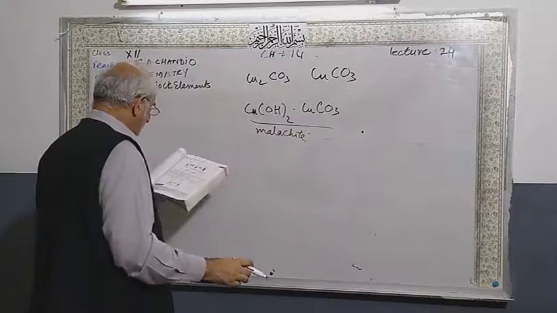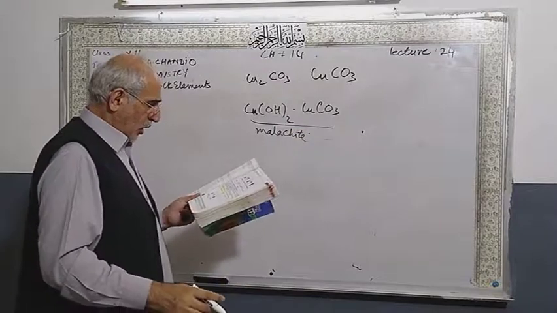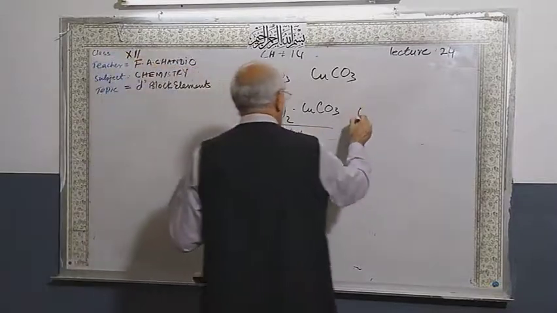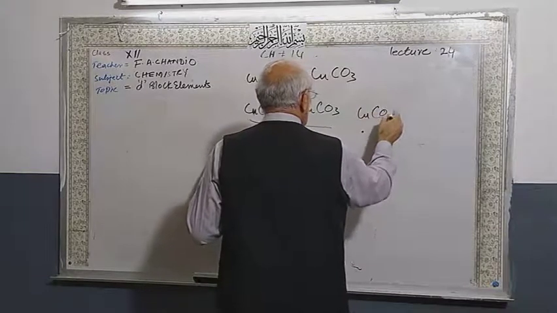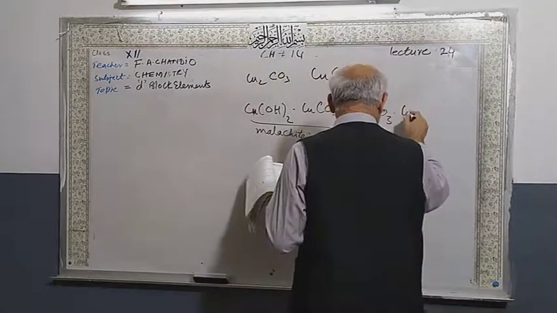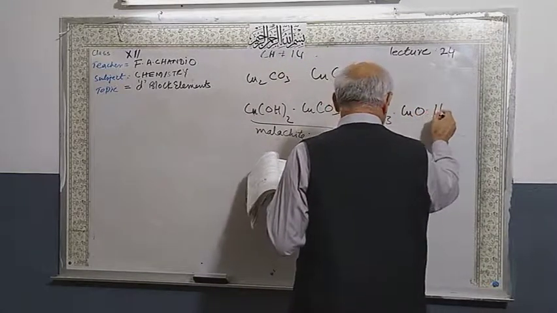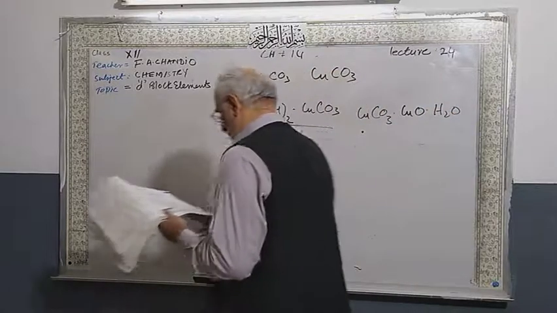They are called malachite or copper carbonate. These are the ores from the earth we can get, and these are the trade names.